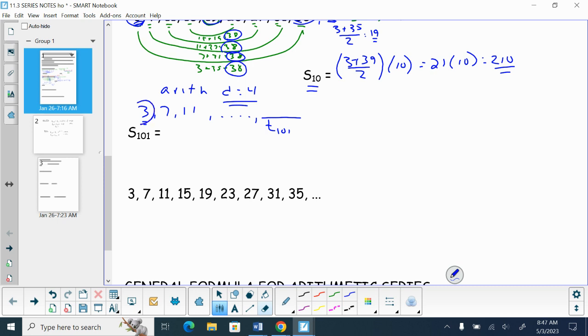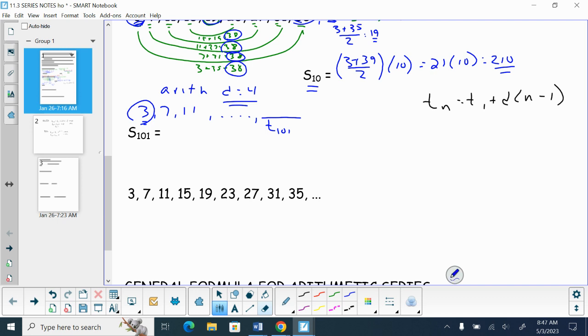We have an arithmetic sequence with a common difference of 4. Here my first term is the value of 3. Can I find the 101st term? Yeah, that's what we did the last couple days. I know my first term, I know my common difference is a value of 4, and I'm trying to find term number 101. So I can now go back to what we had yesterday. Tn is equal to T1 plus d times (n minus 1).